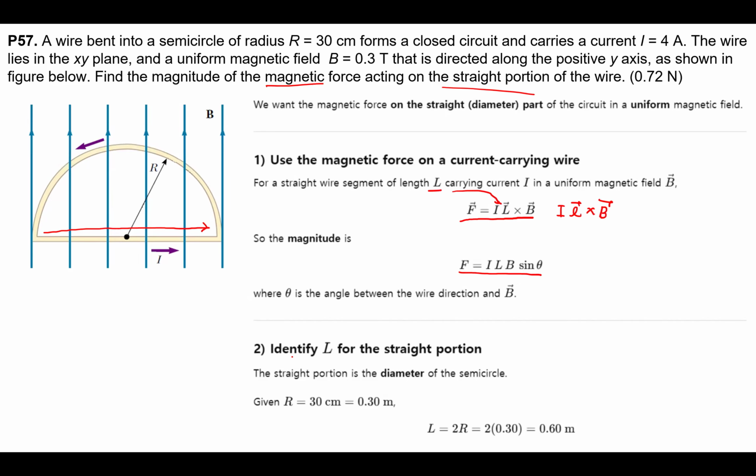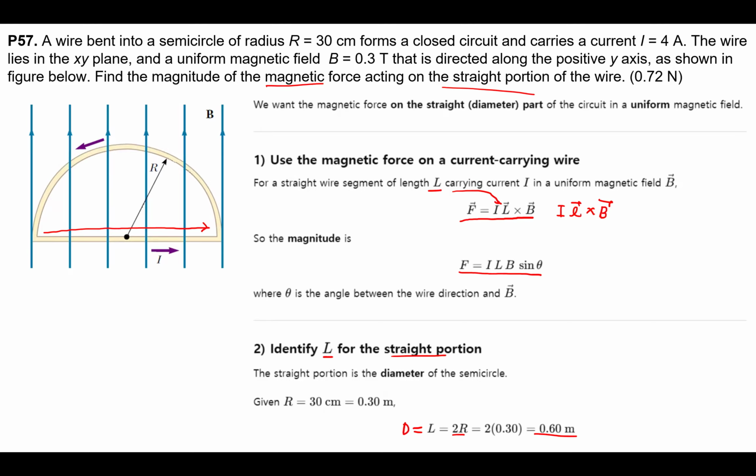Now it's time to think about the L for the straight portion. The straight portion is the diameter of the semicircle here. So L is 2R, so it's 0.6 meter.